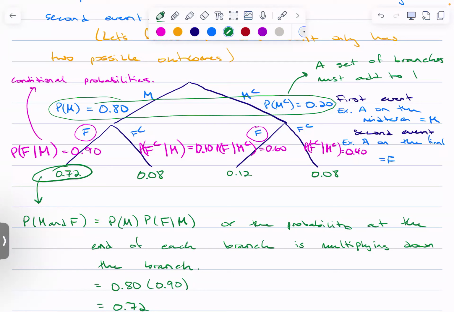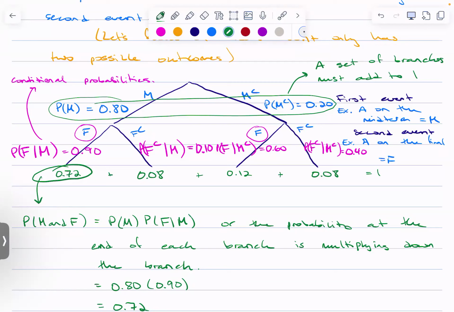This is a set of branches, right? And so how I can check my work is as long as I haven't done any rounding, right? If you've done some rounding, then you need to be a little bit more lenient, but these should all add to 1.